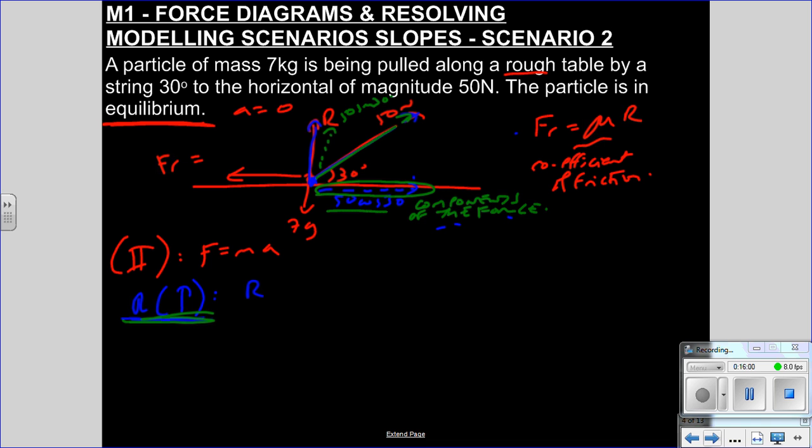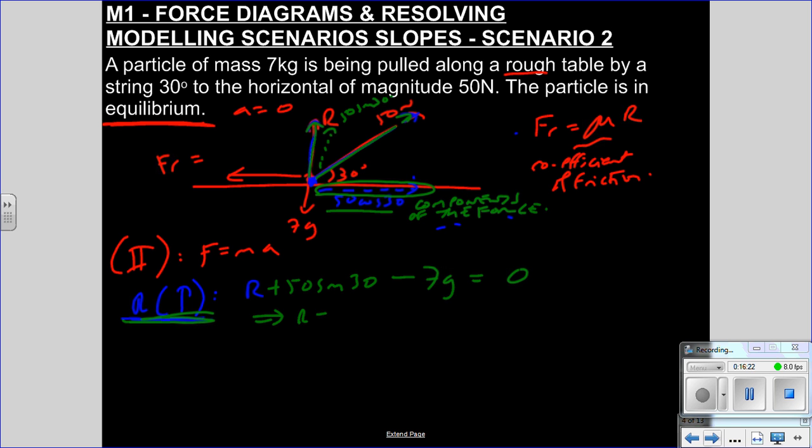So just remember the side next to the angle is going to be your cos and the other one's going to be sine, right? So if we resolve up, we have R, which we've described, and now we've got this plus 50 sine 30, subtract all the other forces going down, so that's 7g. It told us it's in equilibrium, so no acceleration.